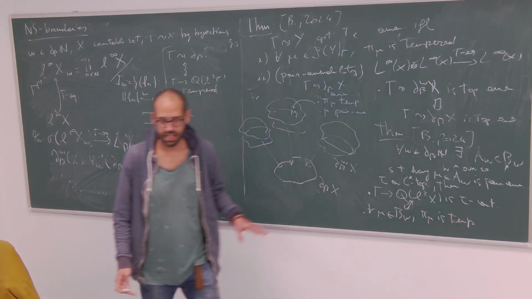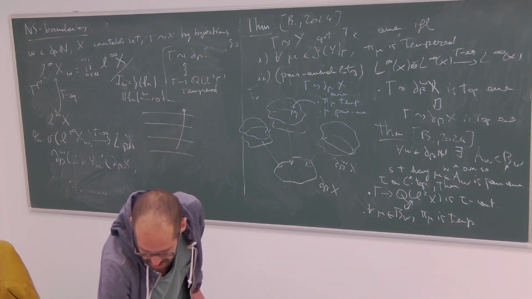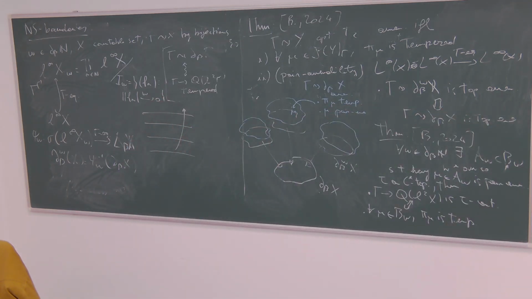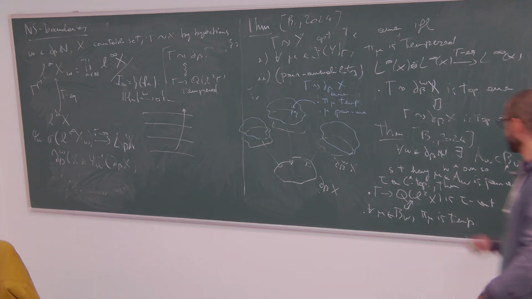So now we see really the difference between topological amenability of the action on the Stone-Čech boundary and the regularity of the Calkin representation, and the difference is here.